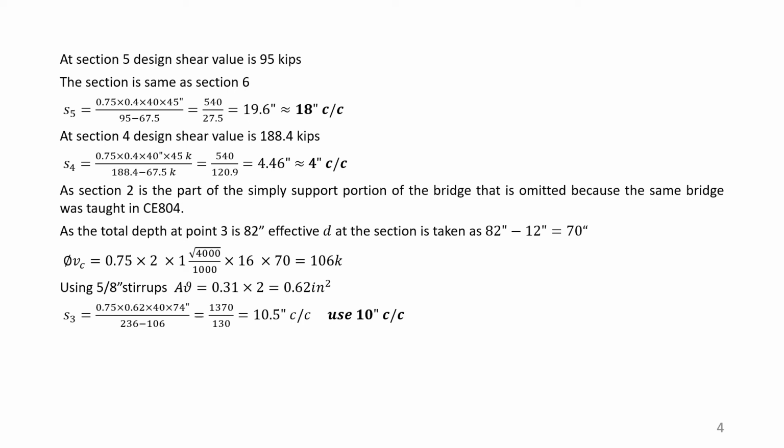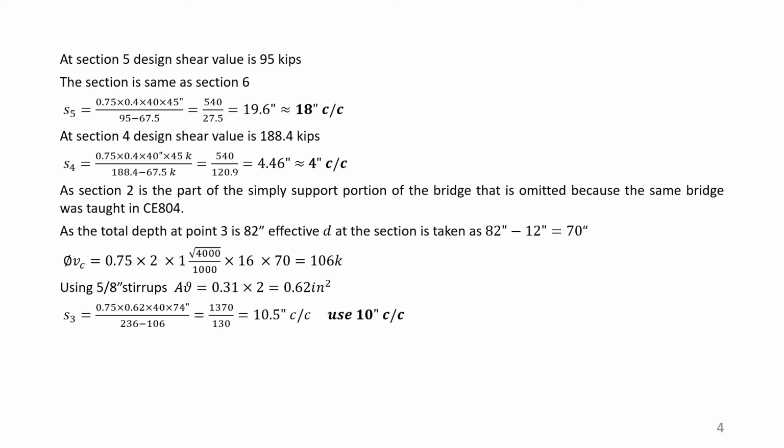There will be 3-4 layers of rod, stirrups, and gaps for aggregate, etc., so there will be a deduction for finding the effective depth, and we have taken it as 12. It will be a little on the higher side, and if we are on the higher side, we are on the safe side. That's why we have taken d as 70 inches, and here phi Vc with 70 inch, 16 by 70 inch, keeping all other things same.